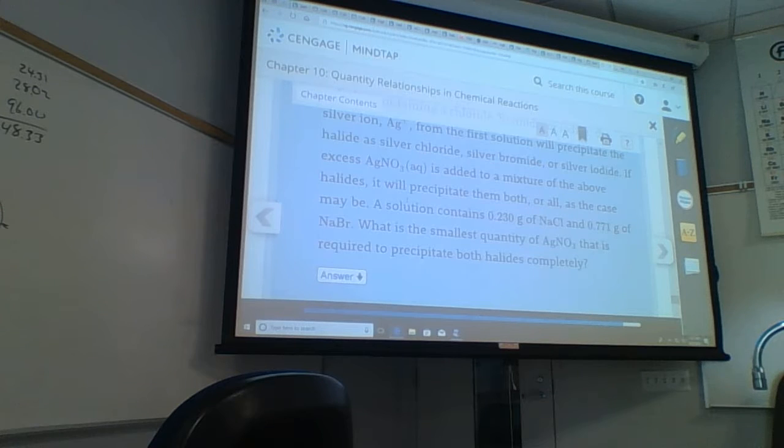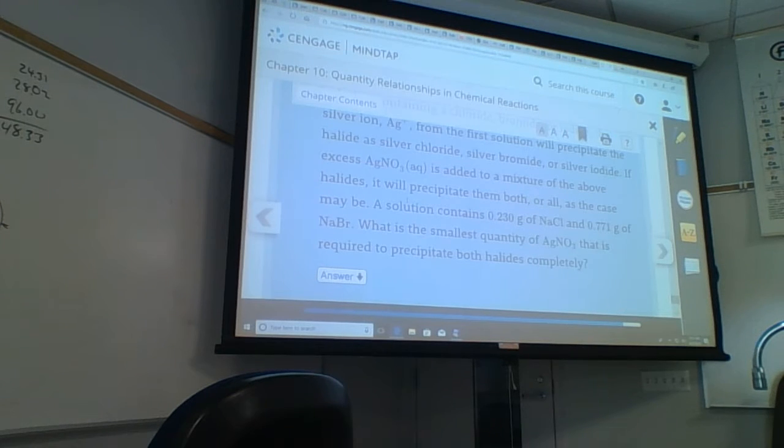This is just a standard calculation: grams of A, moles of A, moles of B, grams of B. We can do this calculation pretty quickly. 0.230 grams of sodium chloride. Then we'll need the molar mass of sodium chloride, which I calculated earlier, but I forgot it. 22.99 for sodium, 35.45 for chlorine, so 58.44.